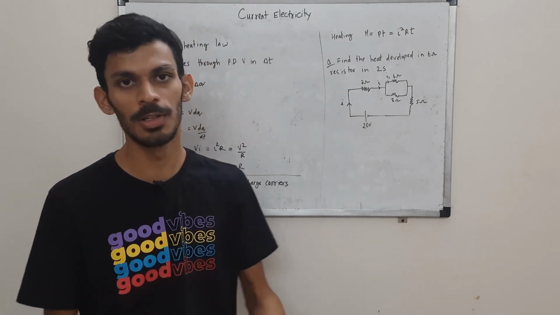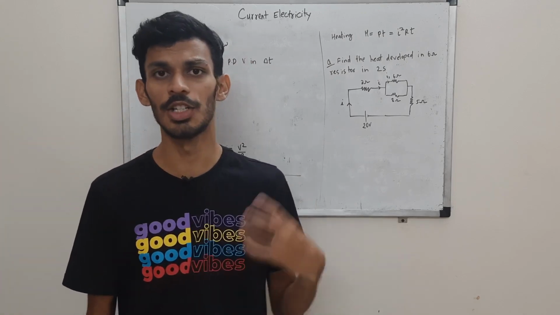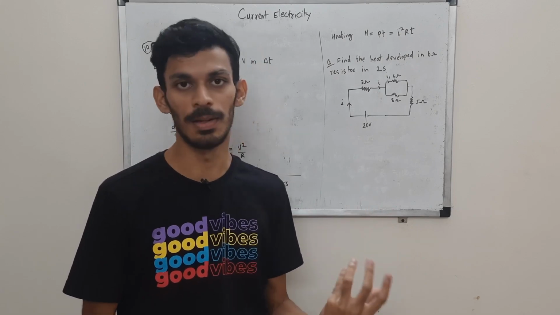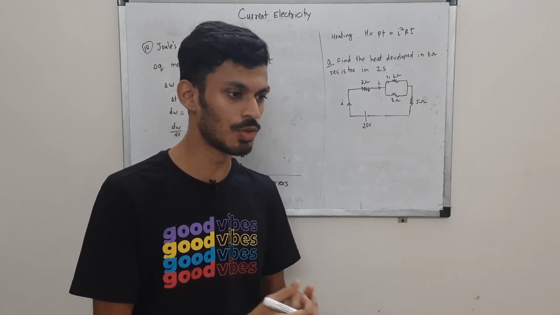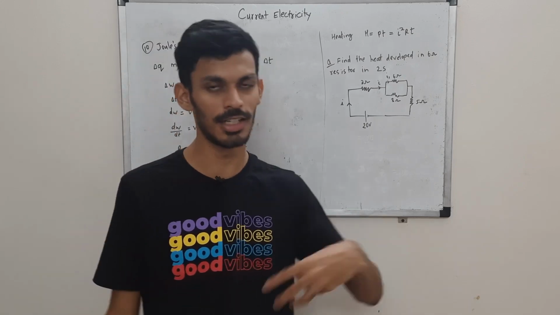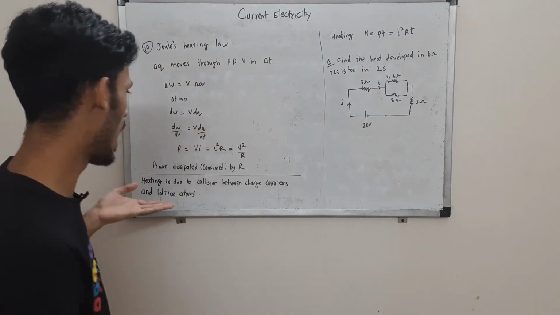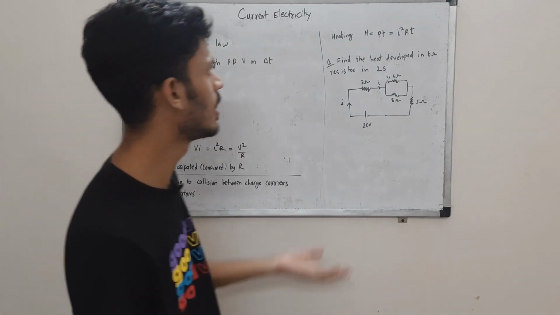Due to this, there is transfer of energy from your charge carriers to these atoms, and this transfer is usually manifested in an increase in temperature. It increases the internal energy. Internal energy is a function of temperature. So it increases the temperature and there is heating. That's the reason behind heating.